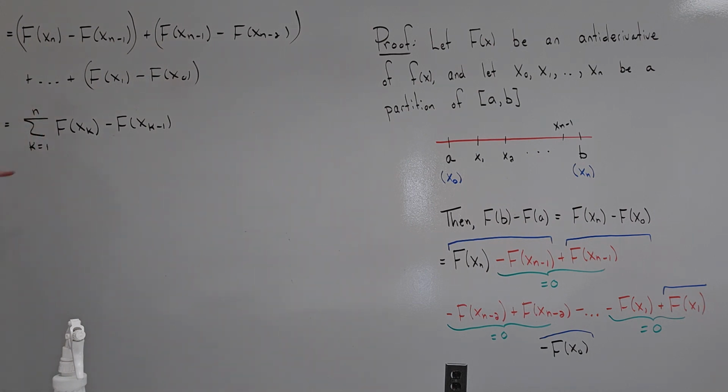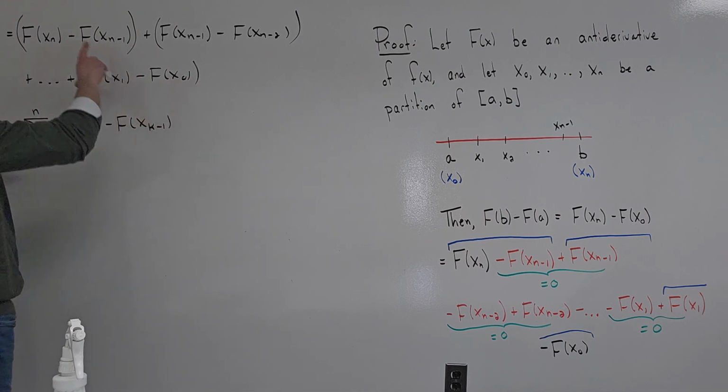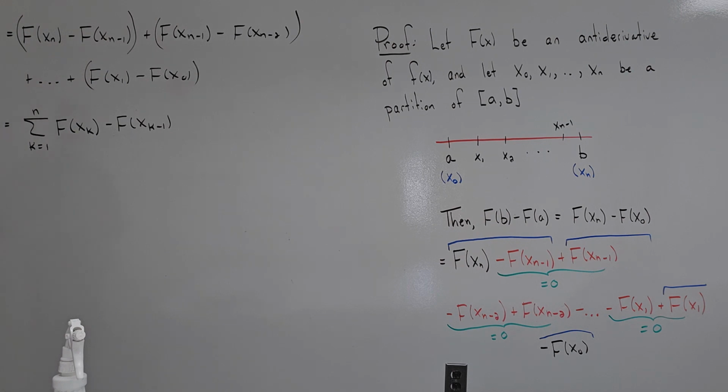Let's quickly check that. If I plug in k equals 1, that would be f of x1 minus f of x0. That's this one. The very last term in the summation, when I get to n, would be f of xn minus f of xn minus 1. That would be this term. So this summation represents all of those.